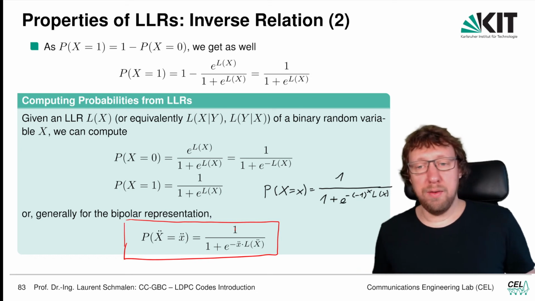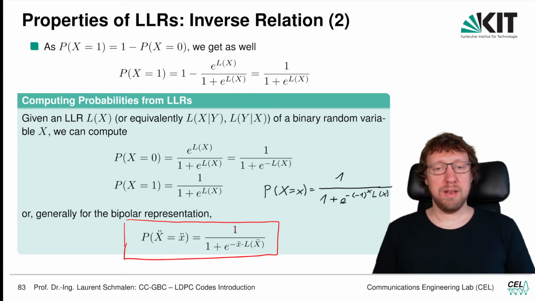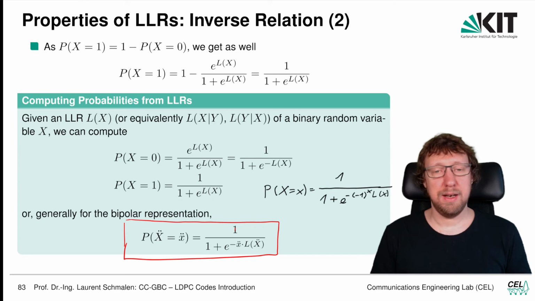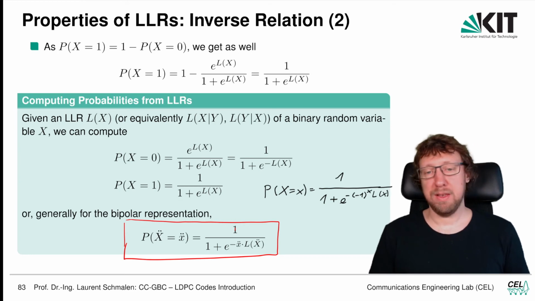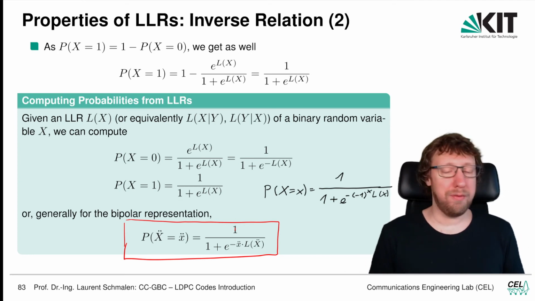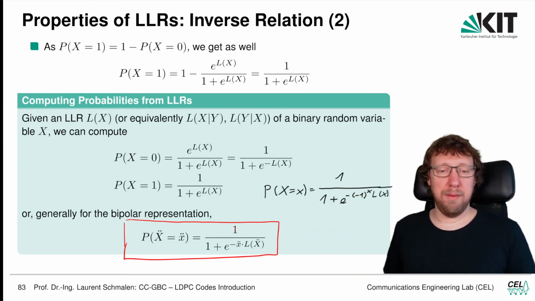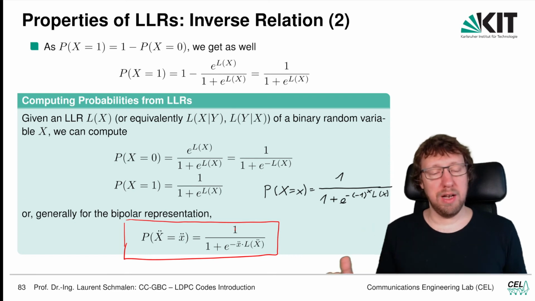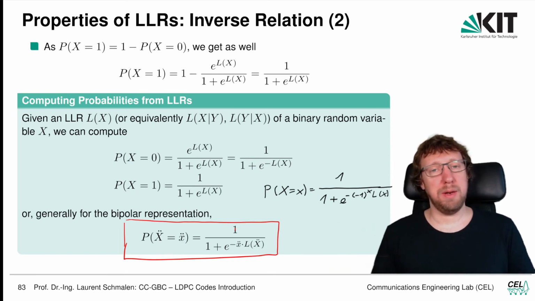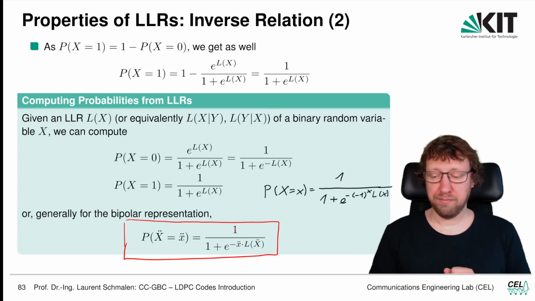Okay, so very, very nice. So we have this unified representation that we see here or here for transforming log likelihood ratios and probabilities. Now we can transform them back and forth.